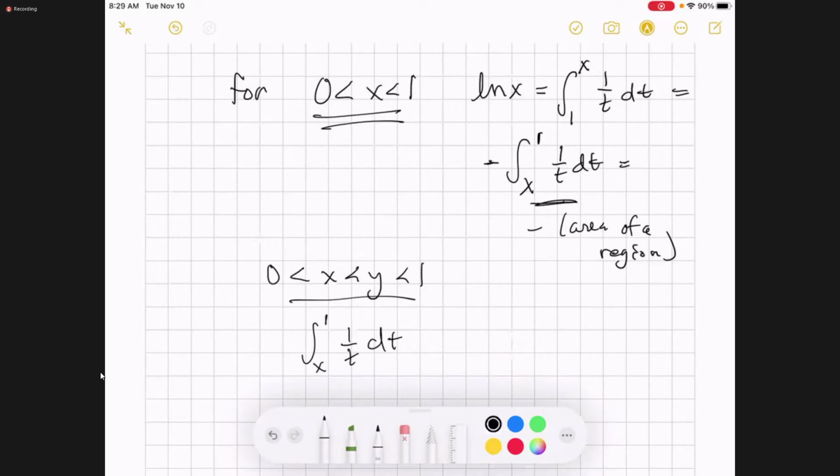The integral from x to 1 of 1 over t dt is an area of a region. The integral from y to 1 of 1 over t dt is the area of a region.